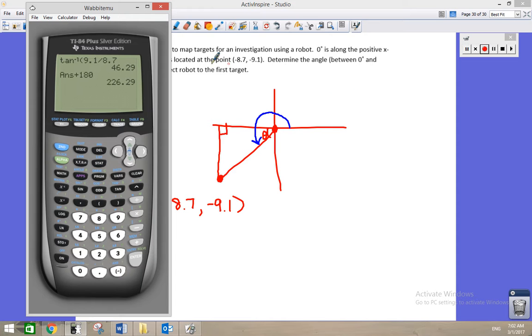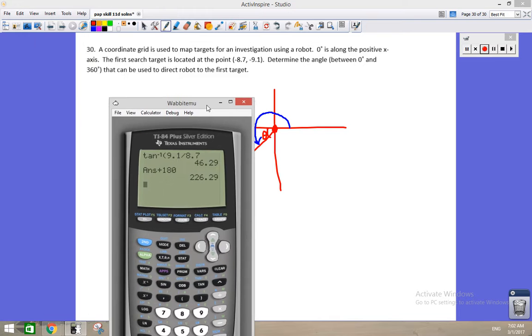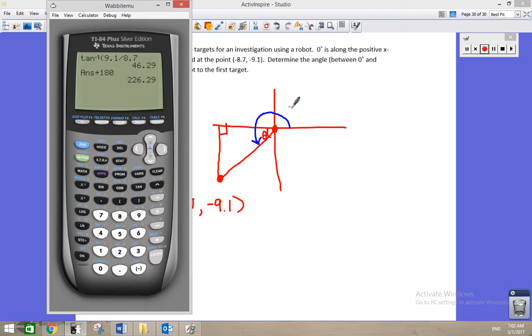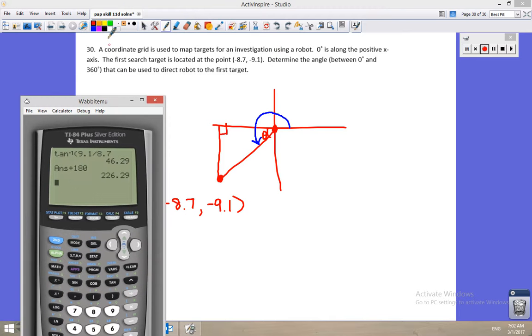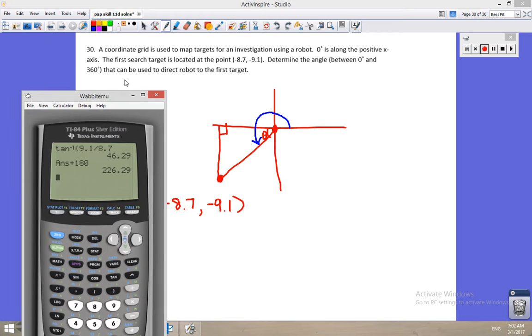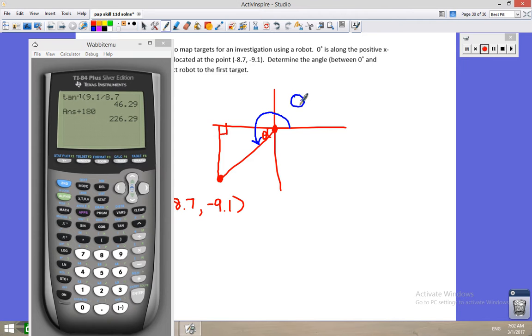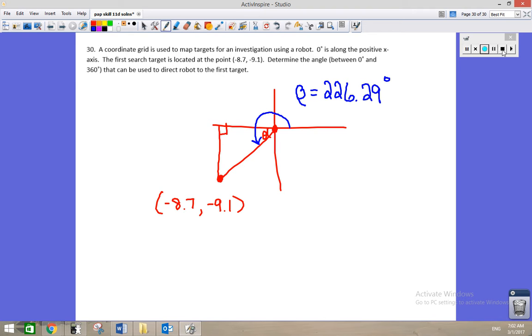So I want to tell our robot that this angle, theta, or whatever we want to call it, sometimes you'll see, let's call it beta, just to be different, is 226.29 degrees. Alright, so hey, I hope that helps, and I'll talk to you later.